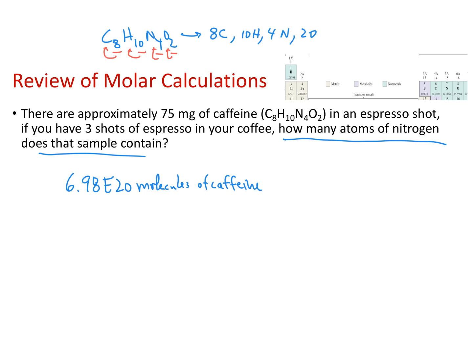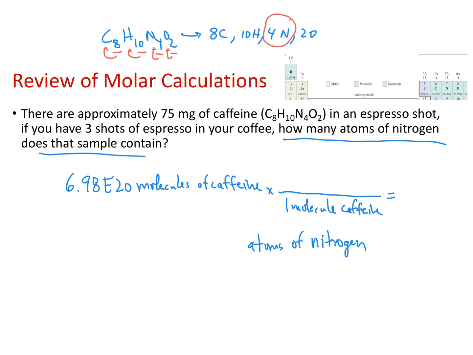So to finish this calculation, I need to multiply by something that turns molecules of caffeine into atoms of nitrogen. Well, I'm going to use the formula of the molecule, because that tells me in 1 molecule of caffeine, I have 4 atoms of nitrogen.